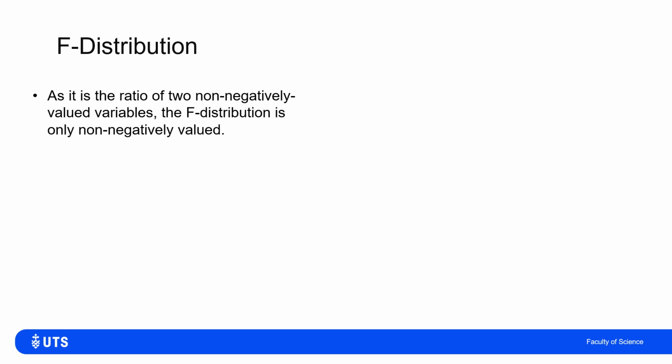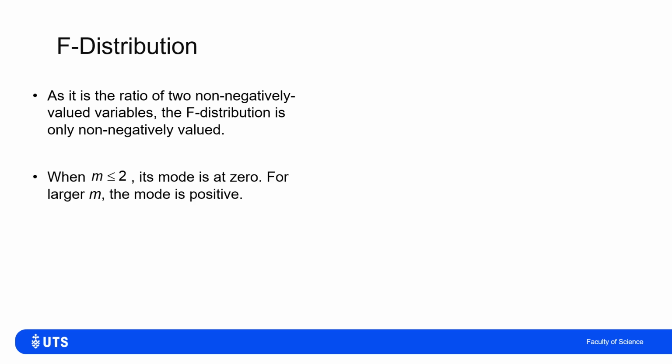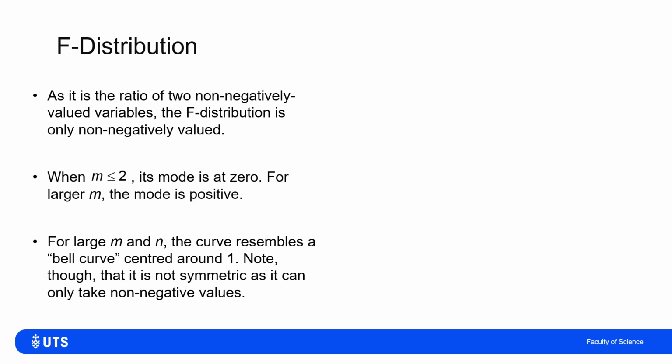So again, it's a ratio of 2 chi-squareds, which are non-negative, so it has to be non-negative. Again, if I work out where the mode is, I can work out that as very large m and very large n, it begins to resemble a bell curve centered around 1.